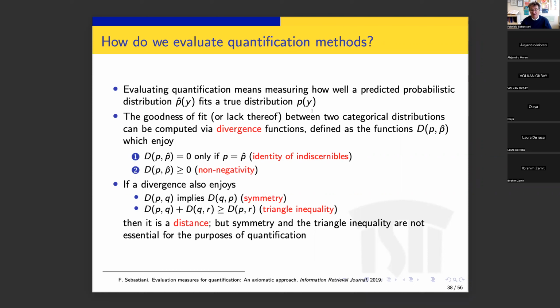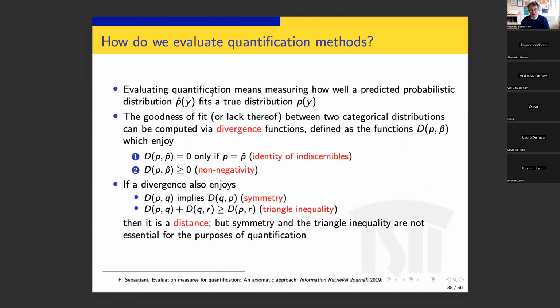Here we denote the gold distribution with p_Y and the predicted distribution with p-hat_Y, where the hat accent indicates estimation. In the quantification literature, our evaluation functions are not functions that measure quality, but functions that measure lack of quality, functions of error.